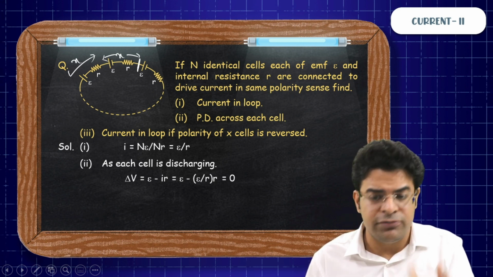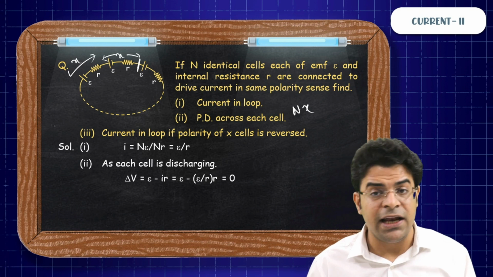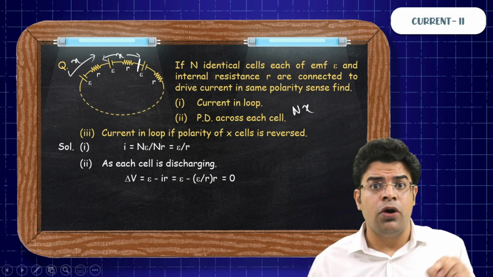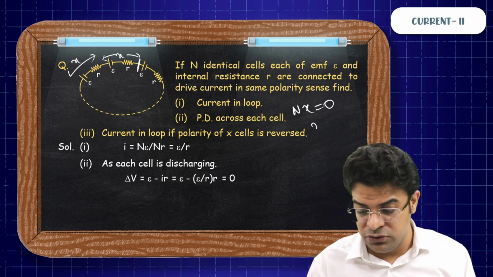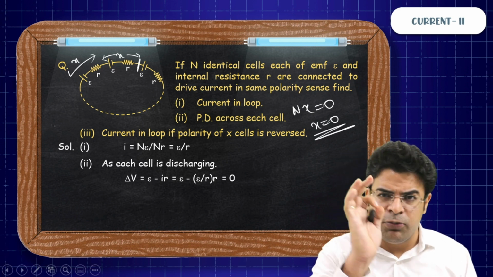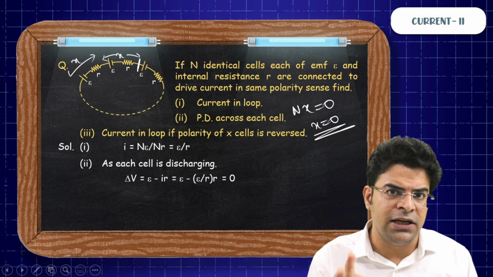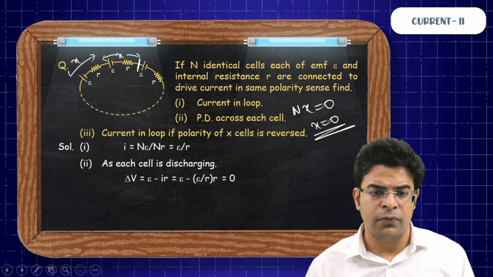How many times? N times. So the overall potential drop will be NX. And this net potential drop across the whole loop has to be equal to 0. So NX has to be equal to 0, so X has to be equal to 0. This means that the potential drop across each cell has to be 0.